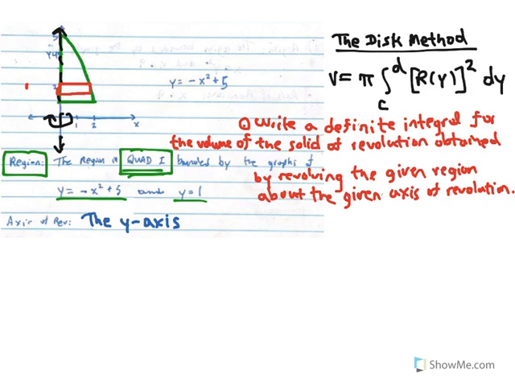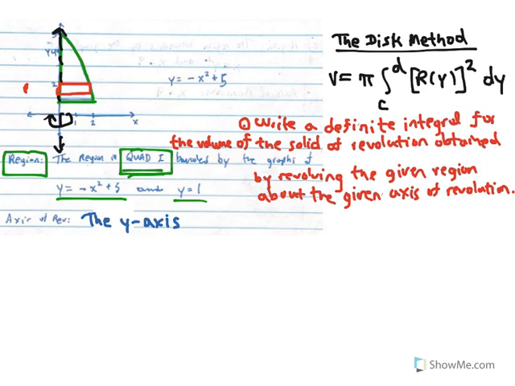So here is our disk. Because we obtain a disk when we revolve our representative rectangle about our axis of revolution, we know we will be using the disk method.